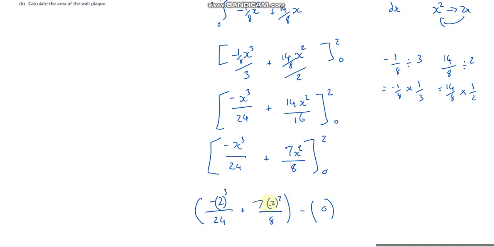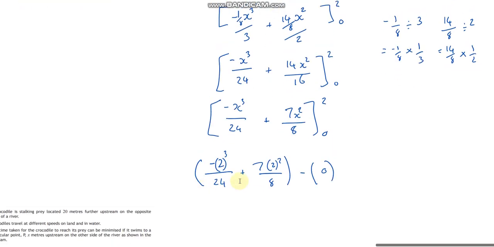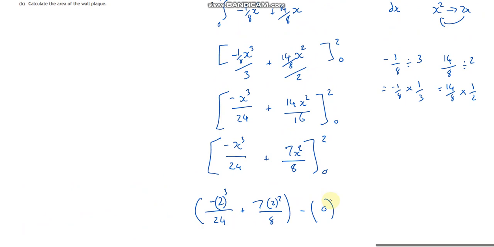Fantastic. So if I do this, I'm getting into a question. I'm just going to go back up here to give me some space. That's going to give me negative 8 over 24 plus 28 over 8. Okay, so that's the same as negative 8 over 24 and 84 over 24, times top and bottom by 3.